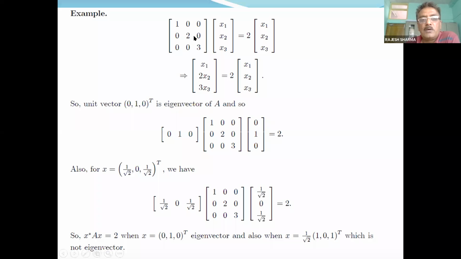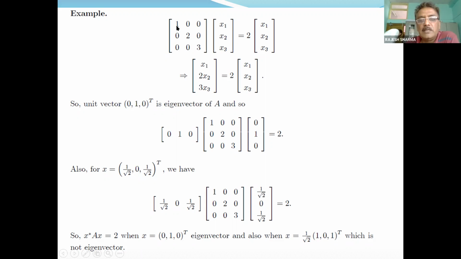Now one can note that this does not hold when we take any other value. That is, x star Ax is, suppose, equal to lambda 3, which is neither largest nor smallest. Then obviously it is achieved at an eigenvector, but also achieved at some other vector.